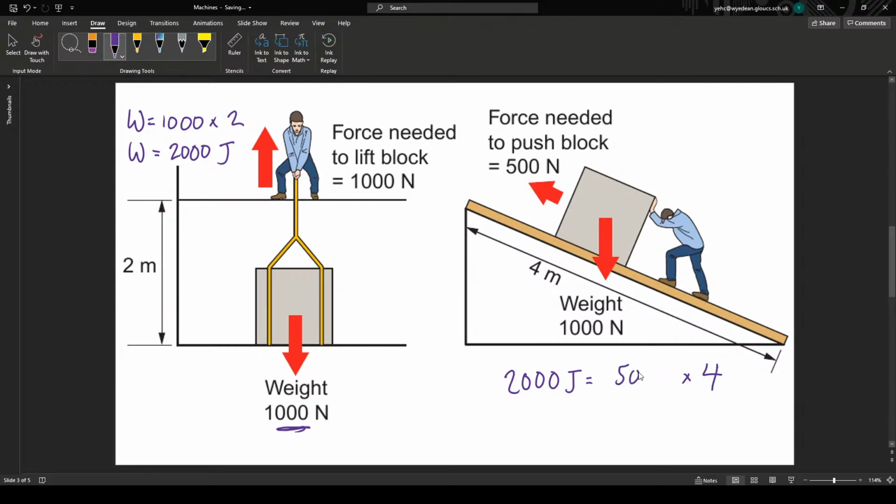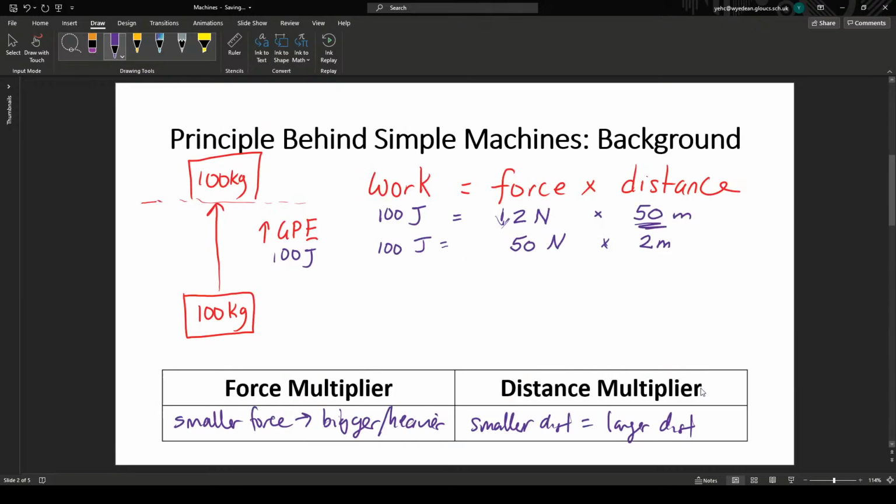So it becomes 500 newtons of force that he needs to lift this block, rather than the 1,000 newtons before. The reason why is, back to this work equals force times distance equation, if you're increasing the distance, you're going to be decreasing the force that's needed.